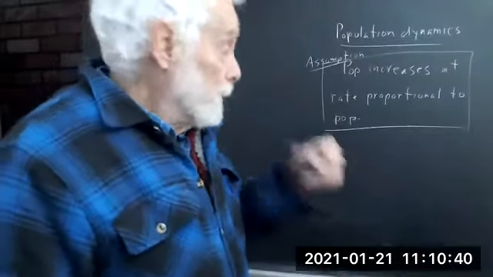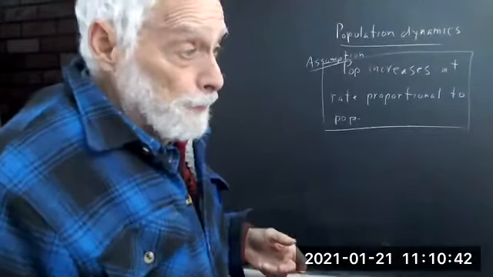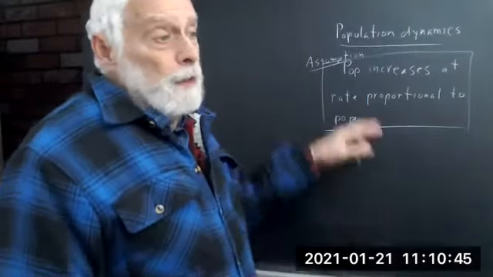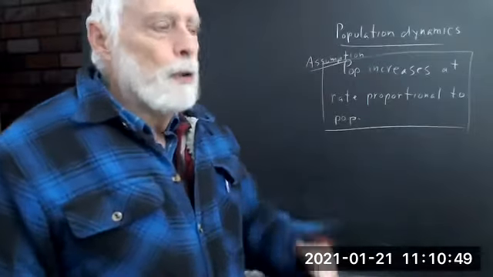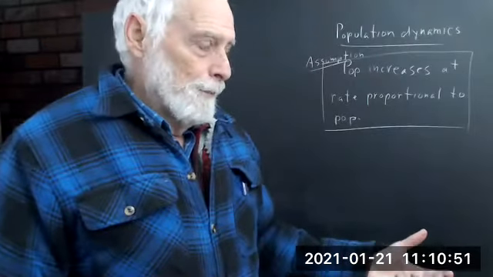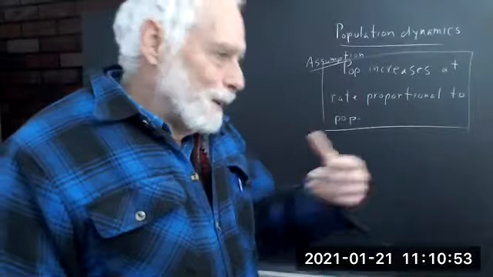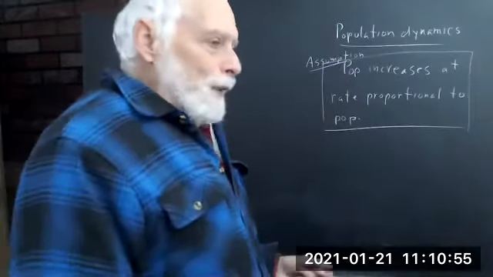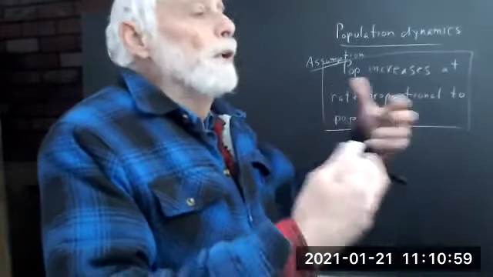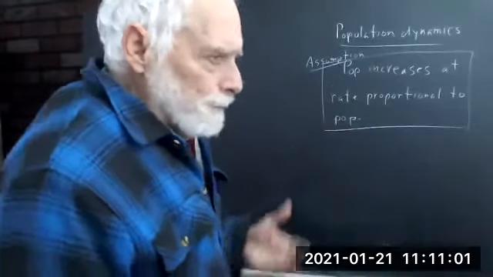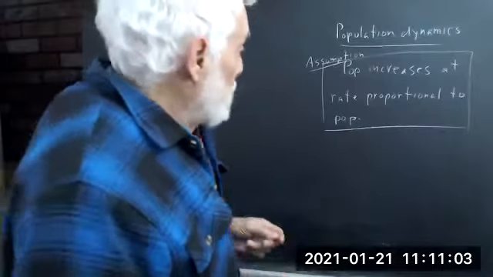It's just the same idea as compound interest. For compound interest, your investment increases in value proportional to how much you've got. The interest you get depends on how much you've got. And then when you compound that, you're compounding your interest on a greater value, okay?